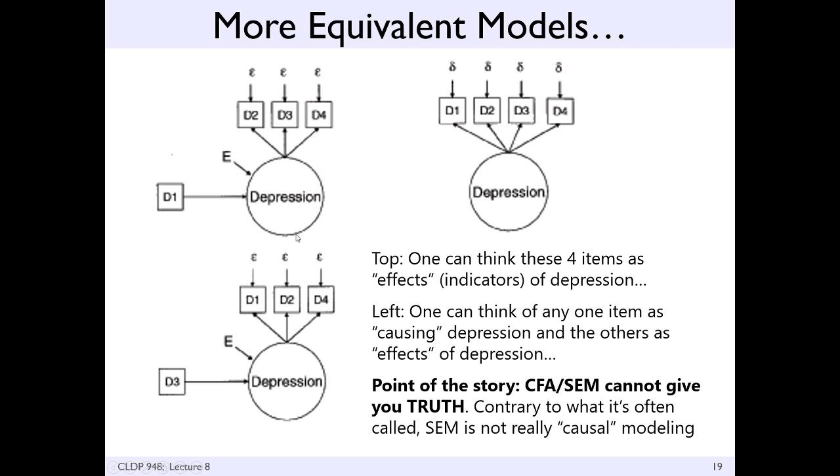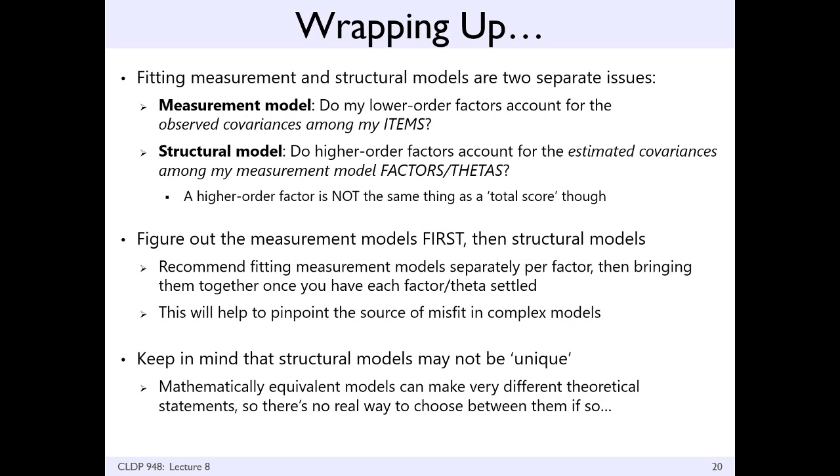All of these models are going to fit the same, even if they have different interpretations. So it can be tricky to figure out what's the same and what's not the same, but those are some basic cases. If you fit a model and then you fit a different model and it has the same degrees of freedom, they may be equivalent.